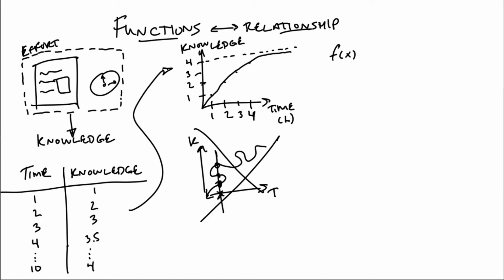Here, f is just the more common way of saying function, and of x is saying that it is a function of our input variable x. So f depends on x. And here x is time, the time that we spend studying in our example. So also in our example, we might recognize this as the shape of a logarithm. Now, don't worry if you don't understand what that means quite yet.